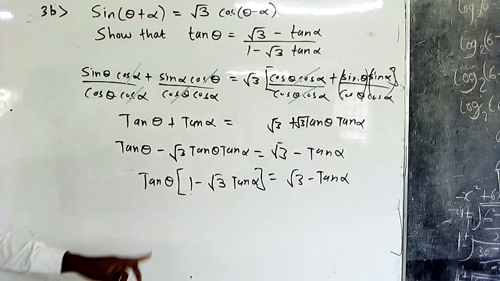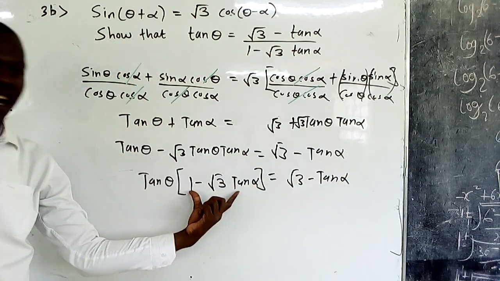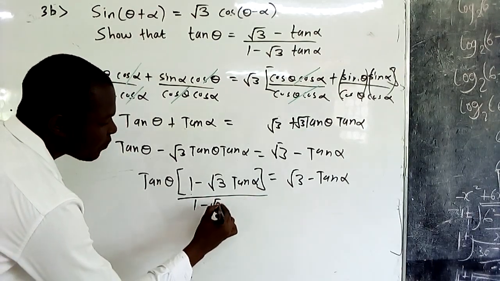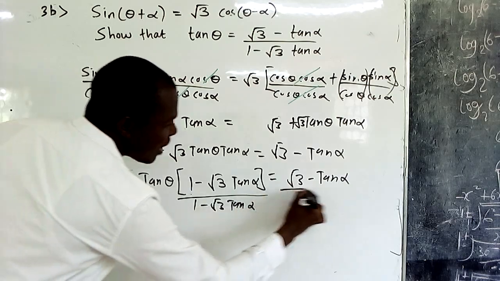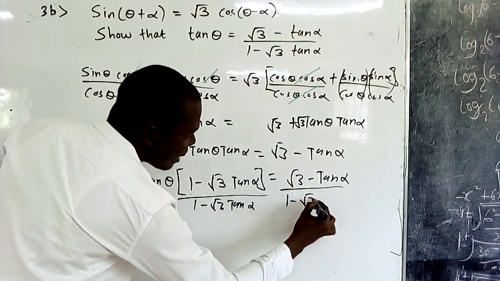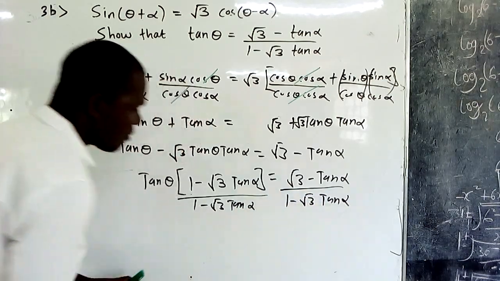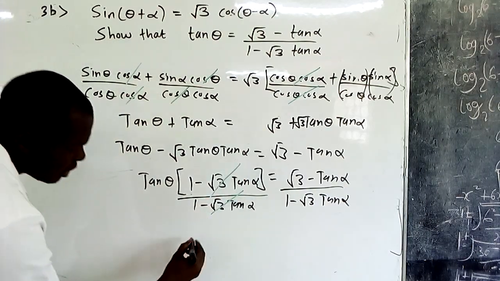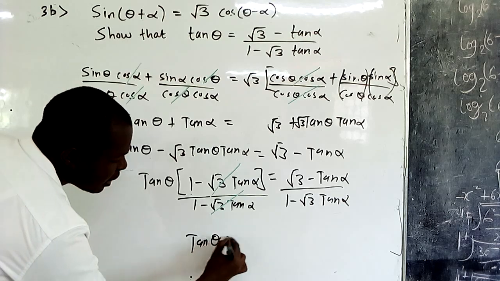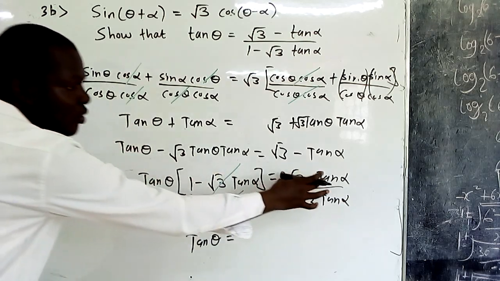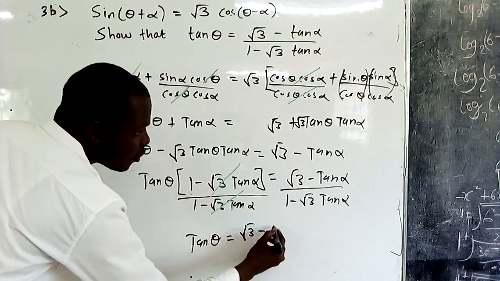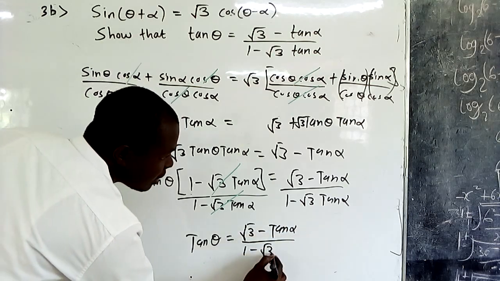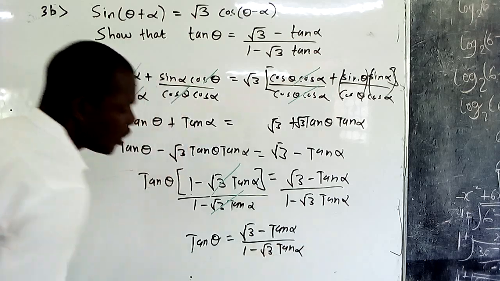For us to get tan θ, see, we divide both sides by the coefficient of tan θ. Meaning we divide both sides by 1 minus √3 tan α. So this cancels out with that. You remain with tan θ, isn't it? So you remain with tan θ is equal to √3 minus tan α over 1 minus √3 tan α.